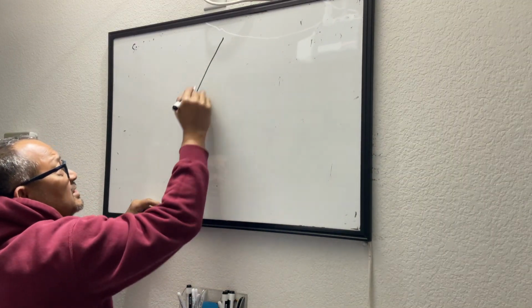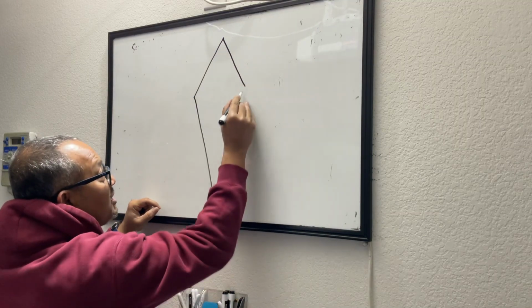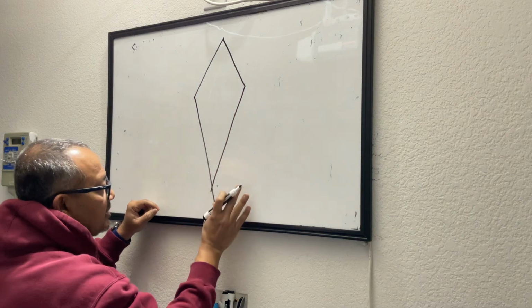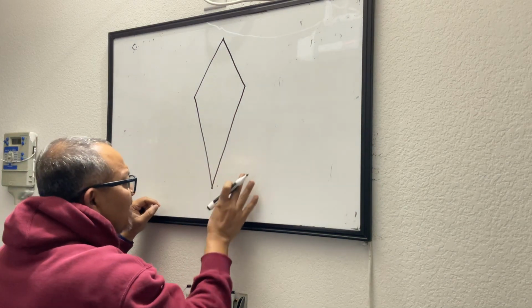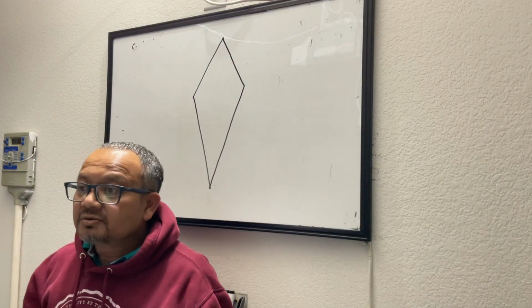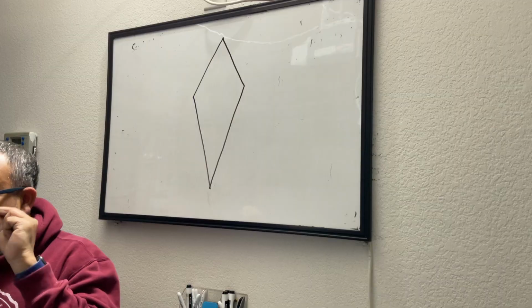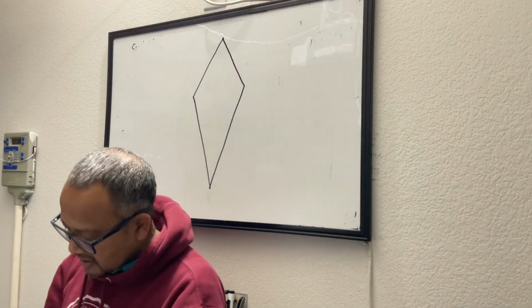So now there is another shape that I am talking about, and that is called a kite. What is it that you need to know about a kite? Some of you, keep your mouth closed, mosquitoes might fly in. Yes, Shanvi, what do you know about a kite?